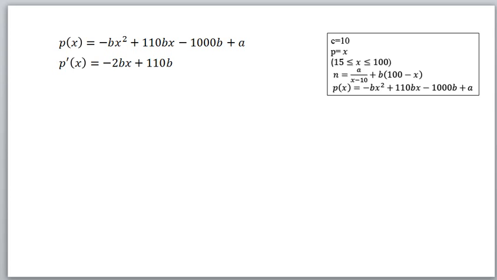We do the same again for 110bx, bringing the power of x, which is 1, down in front of the coefficient and reduce the power on x by 1, resulting in 110b, as x to the power 0 equals 1. The derivative of minus 1000b plus a is 0, as they are constants, not variables. Hence our answer is minus 2bx plus 110b.